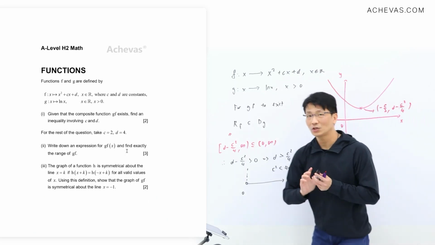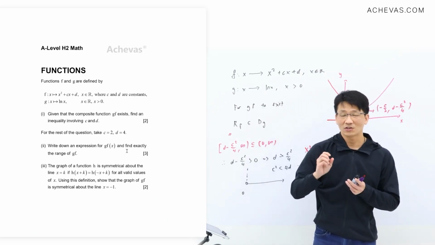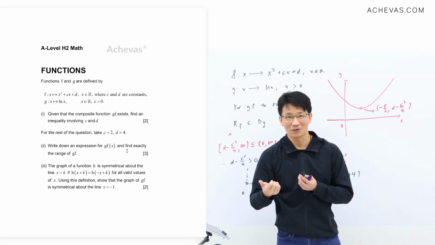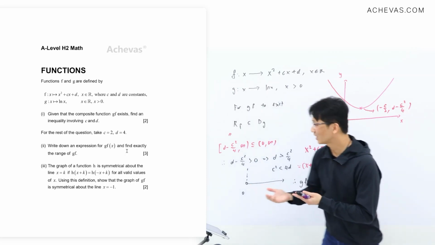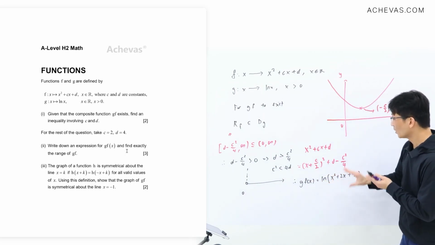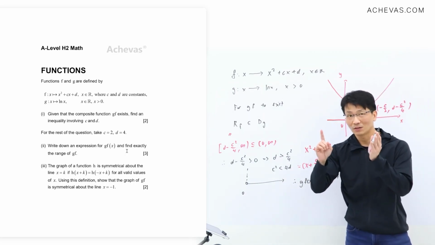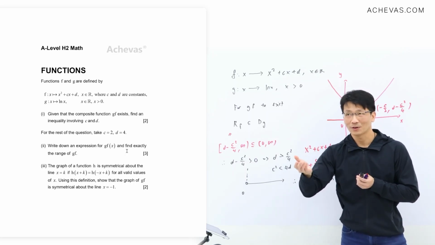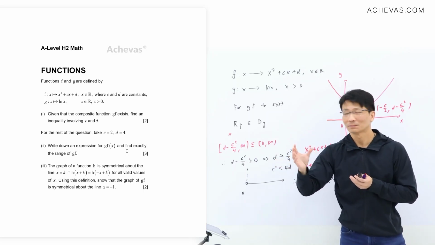To find the range of a composite function, there are two ways of doing it. One is simply sketching the graph of the composite function. If I want to find the range, I sketch out this function with the correct domain, and we can determine what values of y it can take; that will be the range.